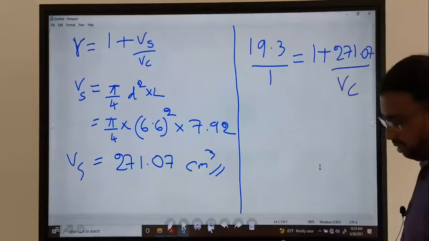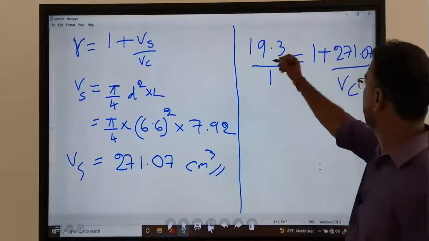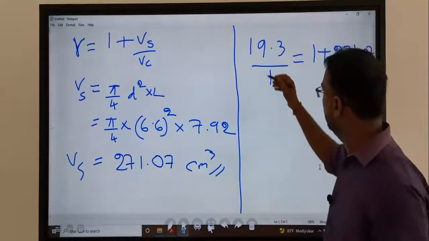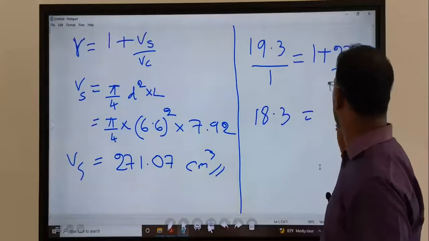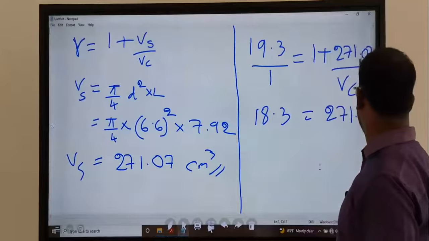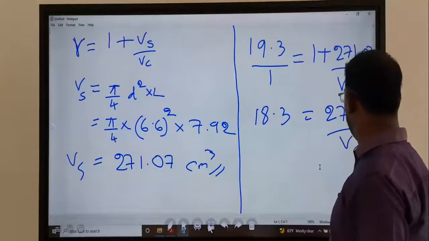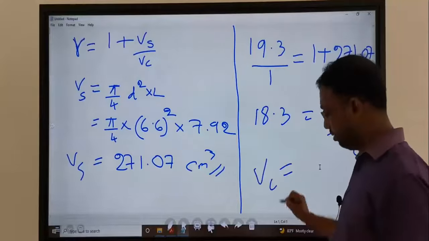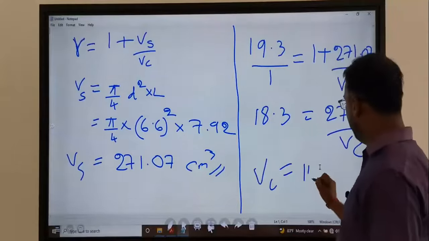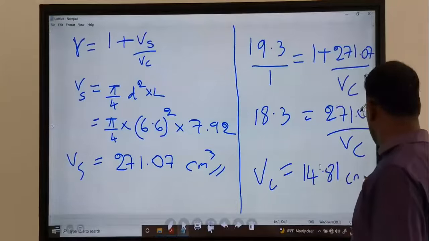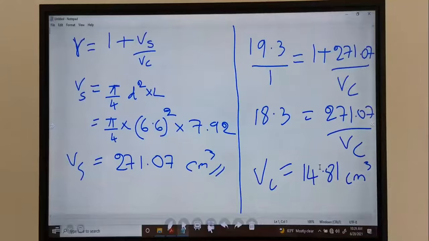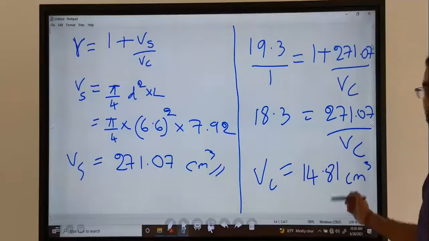Vc we have to find. So subtracting one from 19.3, we get 18.3 equals 271.07 over Vc. So Vc comes to 14.81 centimeter cube. This is the second question, find the clearance volume.